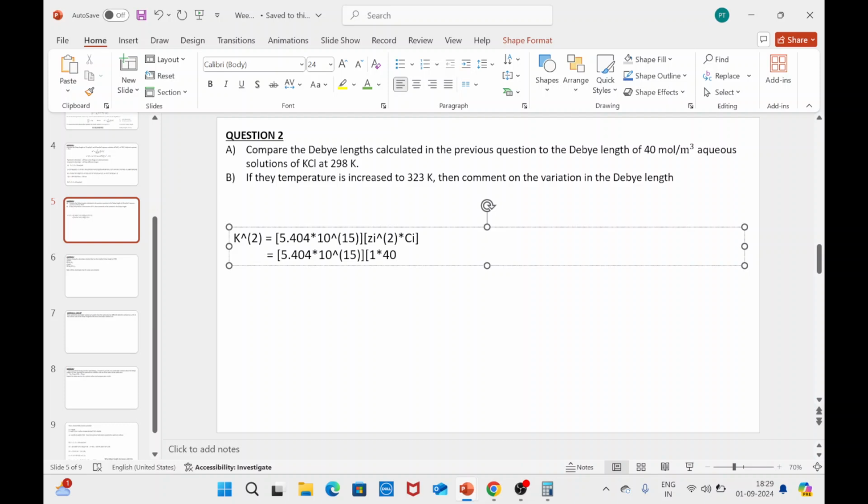So I'm going to put 40 plus the same thing for K as well as for Cl minus, so that will be again 1 times 40.